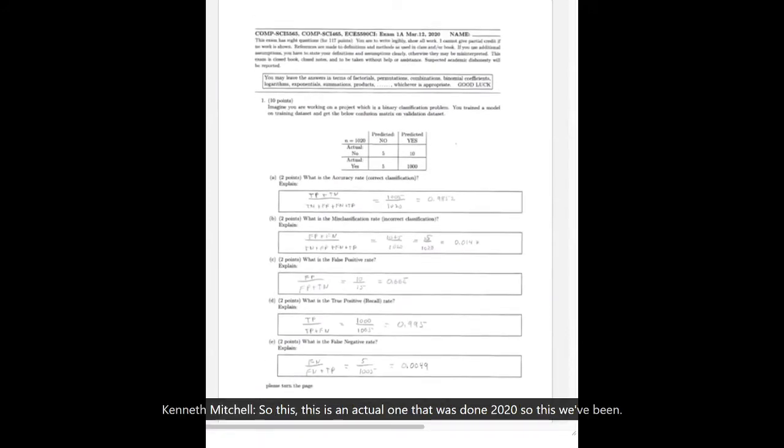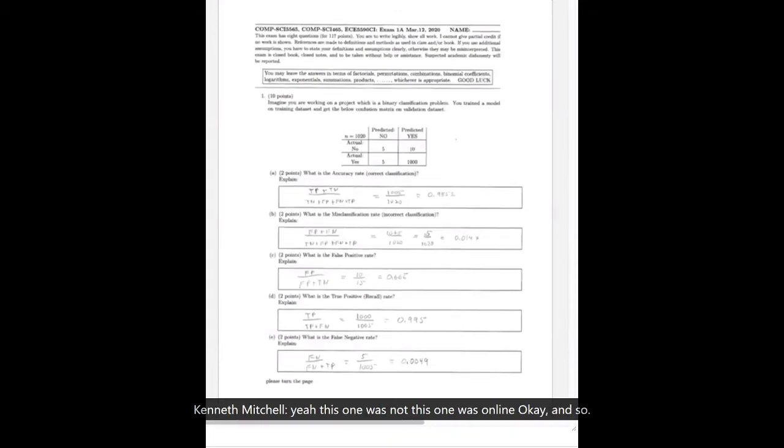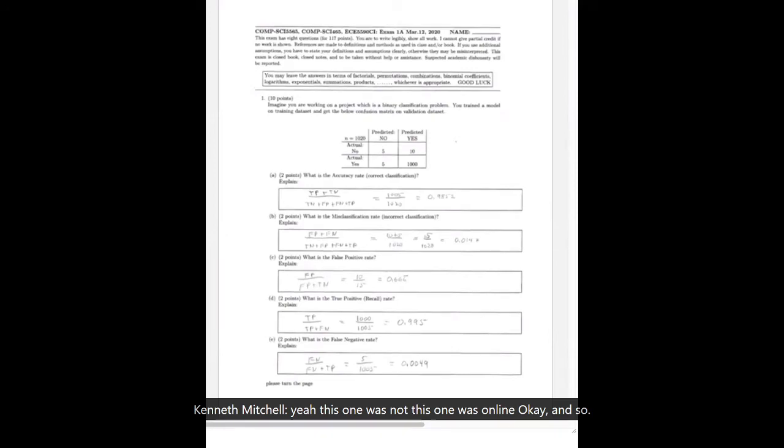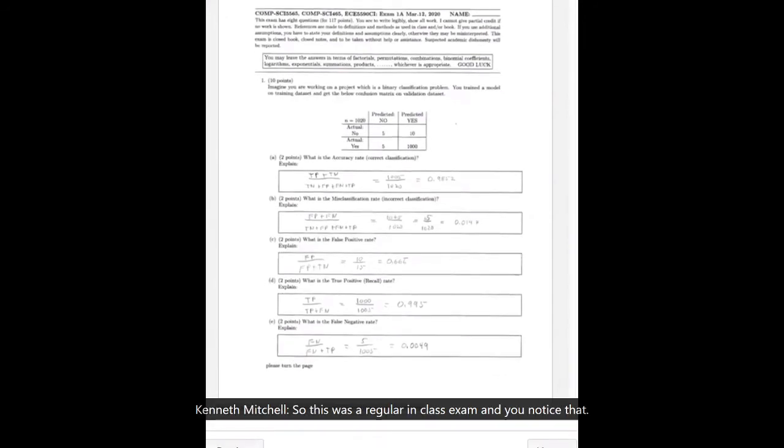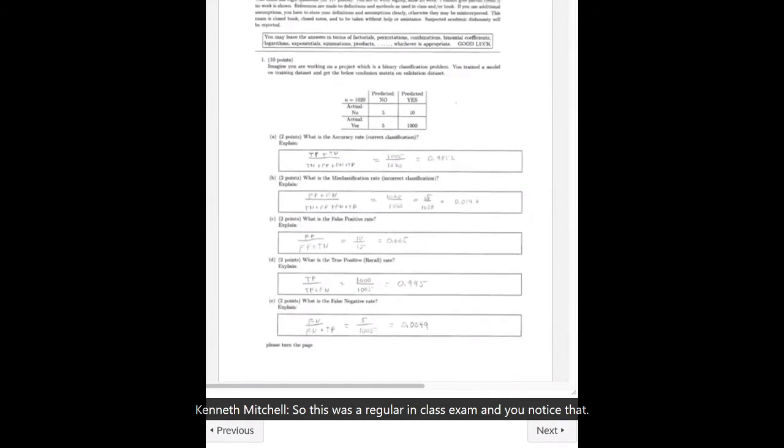So this is an actual one that was done in 2020. This one was online. The day everybody took this exam was when we got kicked out of the classroom. So this was a regular in-class exam.